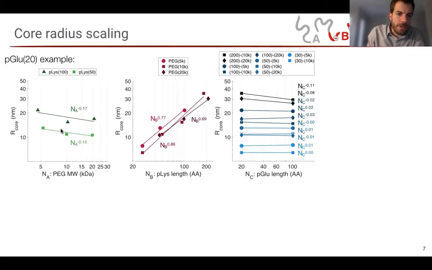And so, this is one data set for one homopolymer, but we have 5 of these sets, except for this case, this is 2 data sets. But basically we're fitting this data to a power law. This seems to fit well, and this is consistent with theory for polyelectrolyte complex micelles and also other polymeric nanoparticles.